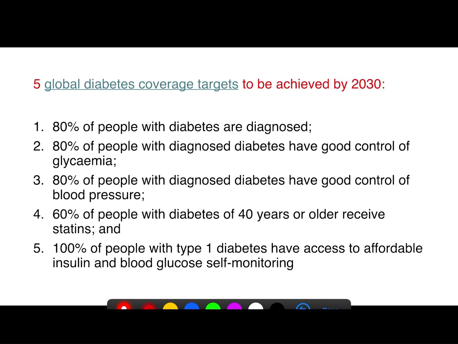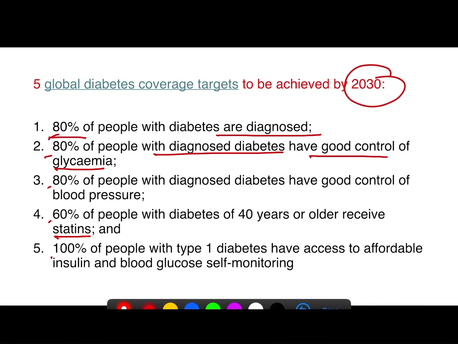There are 5 global diabetes coverage targets to be achieved by 2030: three targets with 80%, one with 60% and one with 100%. 80% of people with diabetes are to be diagnosed, 80% of diagnosed people should have good control of blood sugar levels, and 80% should have good control of blood pressure. 60% of people with diabetes aged 40 years or older should receive statins, and 100% of people with type 1 diabetes should have access to affordable insulin and blood glucose self-monitoring.